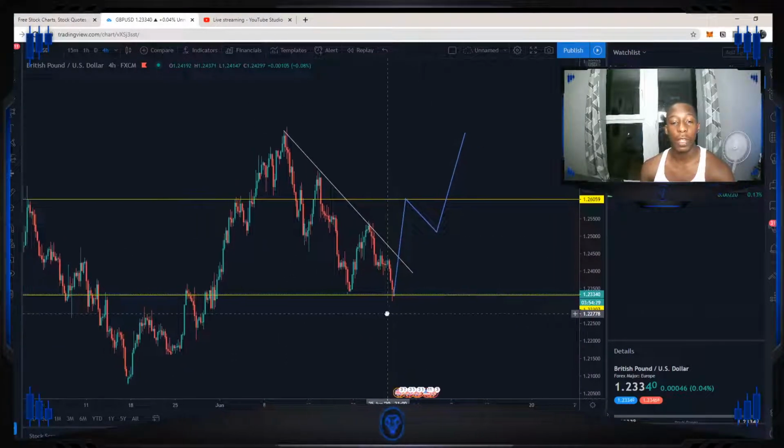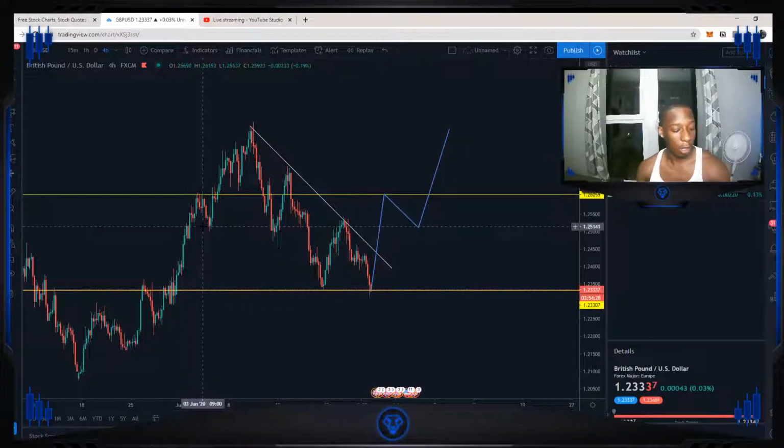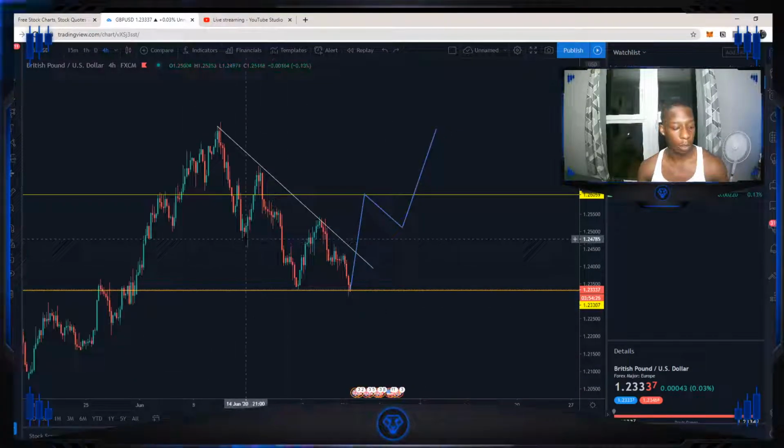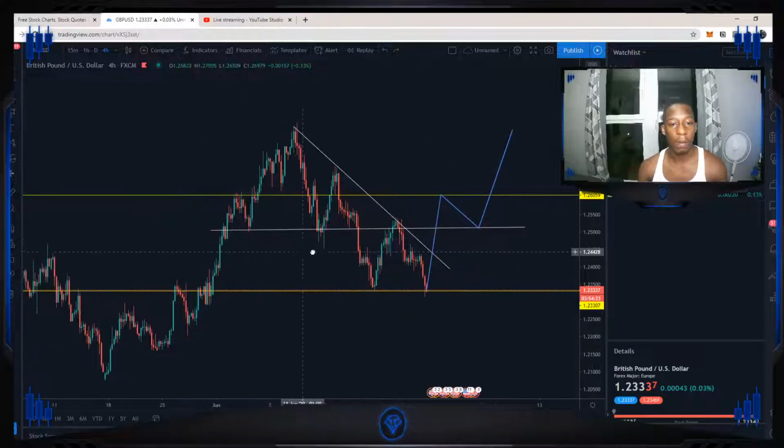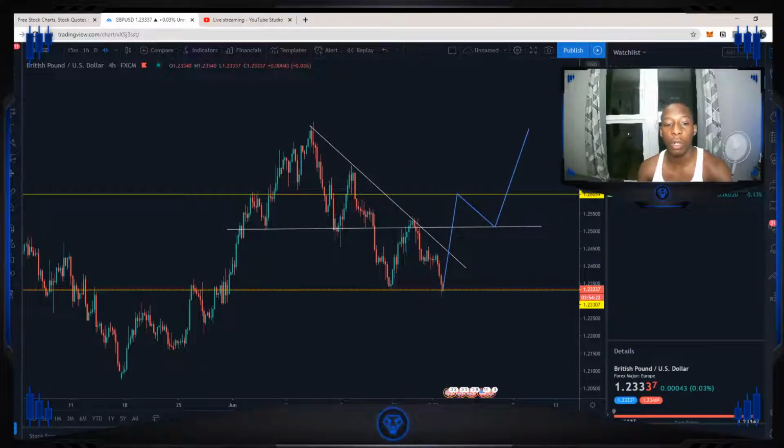I can even get rid of that. Actually, let's put that back there, just so you know what I'm talking about, because this is currently resistance. Well, minor resistance, but resistance can become support, and it could continue to the upside.